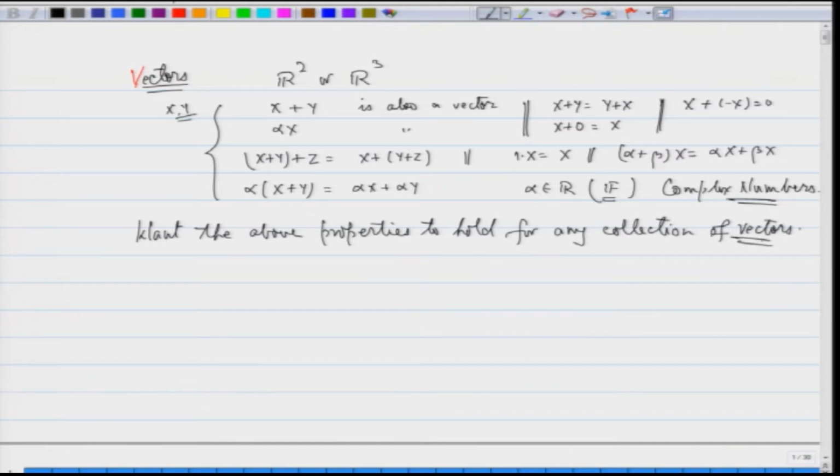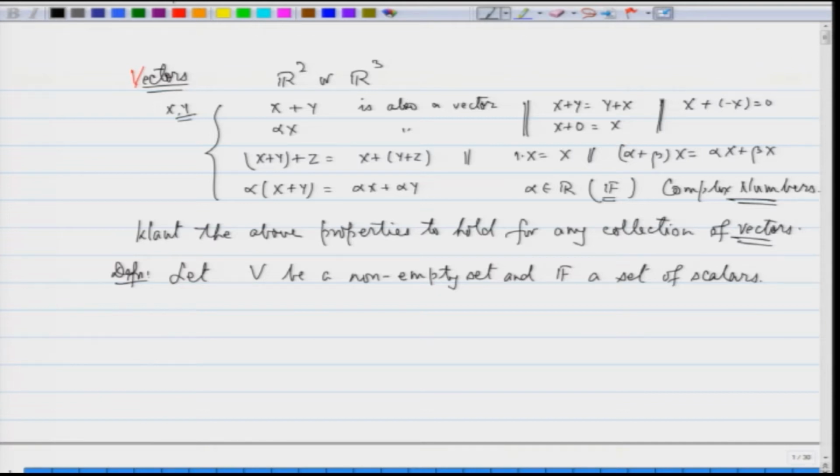Fine. So for us, the definition is that let V be a non-empty set and F a set of scalars.